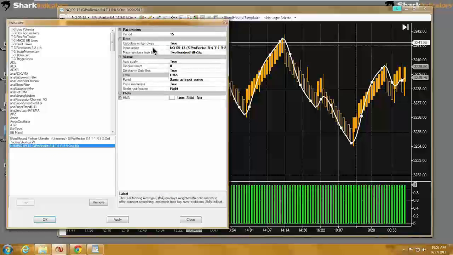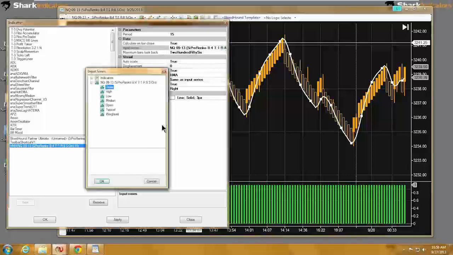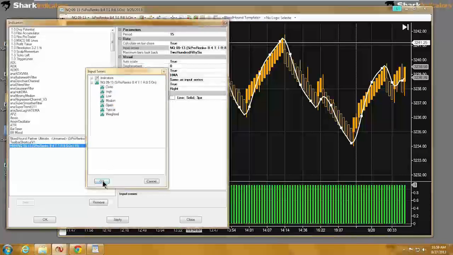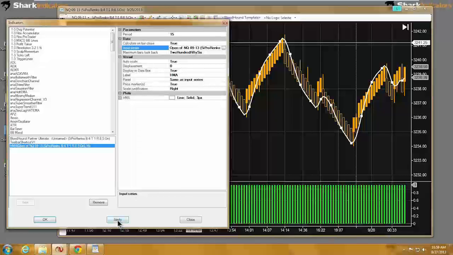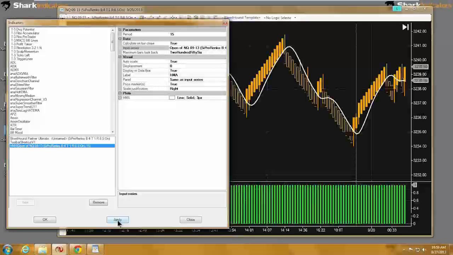I think what I'm going to do that'll help me out is, instead of using the closing price on this HMA, let's see if I use the opening price on the HMA, see how that works out. And yeah, there we go. Okay, I like that a lot better.